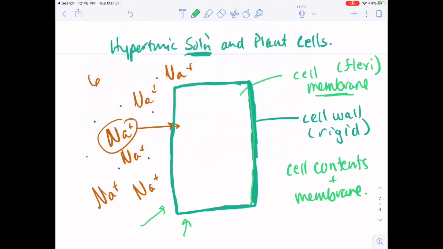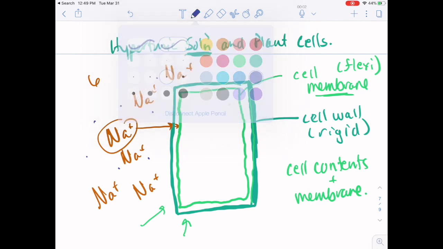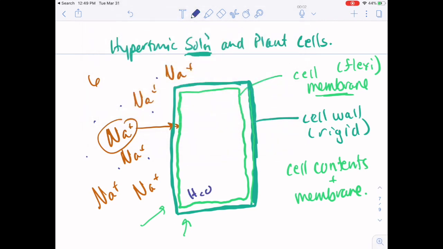All right, we talked about how you have a rigid cell wall that has this very rectangular brick-like structure, and inside of it is the flexible cell membrane in the plant cell, and it's a phospholipid membrane. So it's very flexible. And what happens is that you've got a bunch of water inside the plant cell.